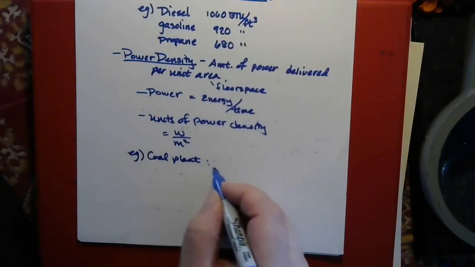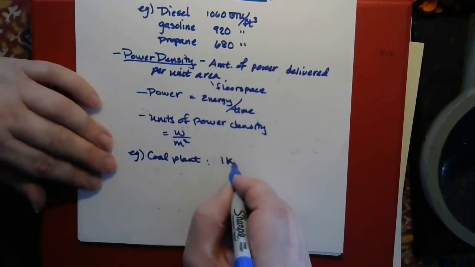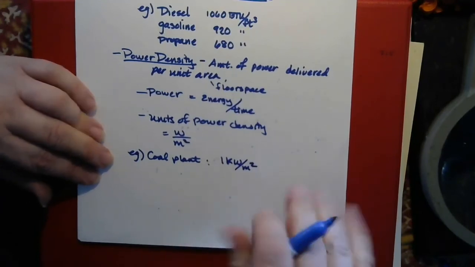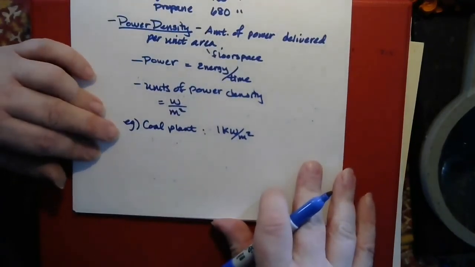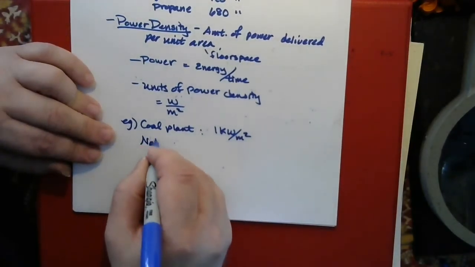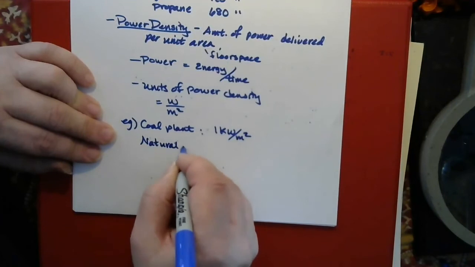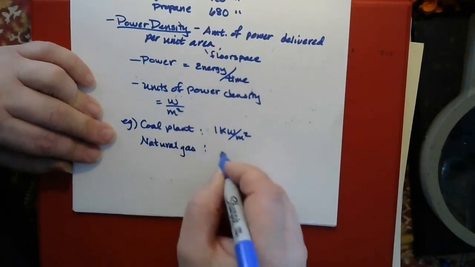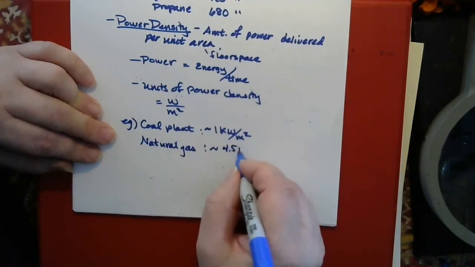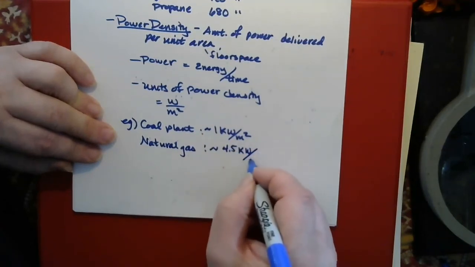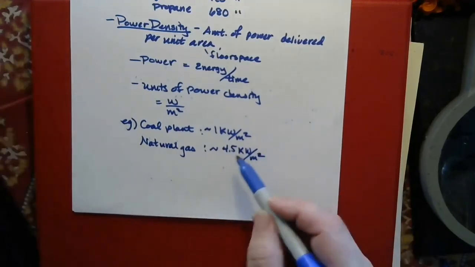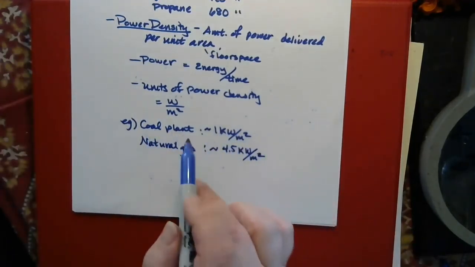So for example, a typical coal plant would have a power density of about 1 kilowatt per square meter. Natural gas plants would have a power density of more like 4.5 kilowatts per square meter, considerably more than a coal plant.